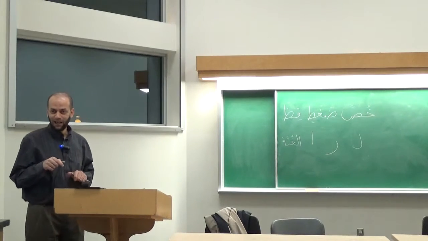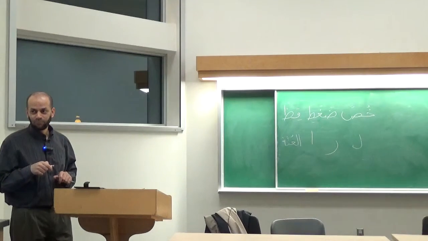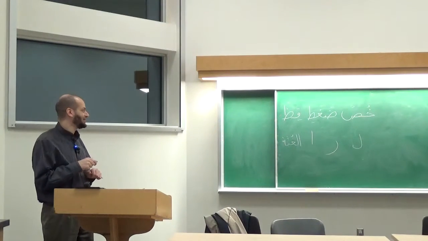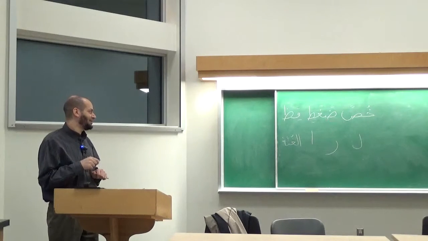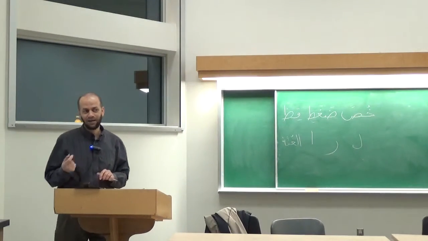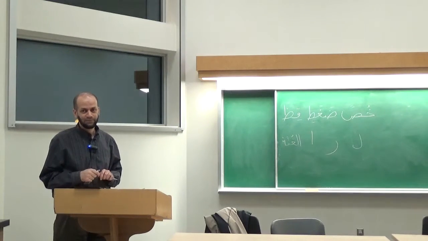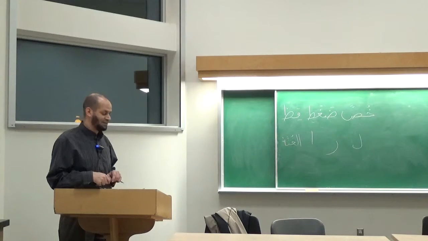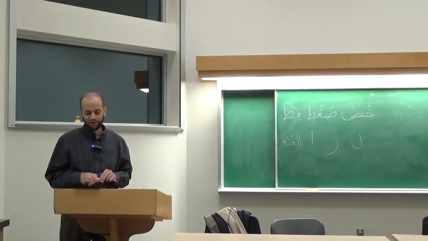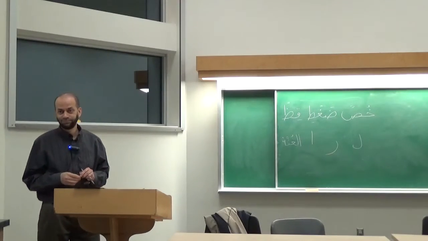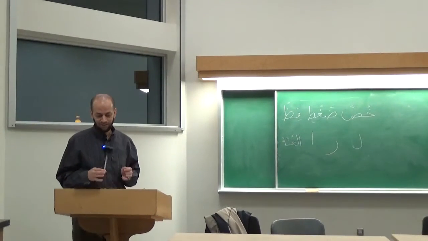So it will only happen in the ikhfa. Does it make sense? So the ghunna will be strong only in the ikhfa, because the ikhfa will have one of these letters, but not the idgham of the noon, because we have yarmalun, and yarmalun is not one of the letters here. Does it make sense? Abu Yahya? All right. Please go ahead.